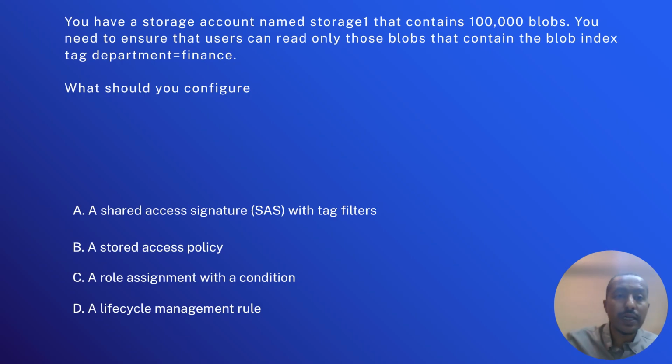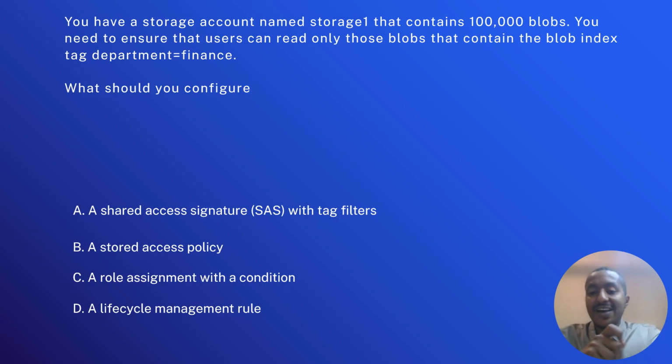But let's keep checking the remaining answer, which is lifecycle management rule. Lifecycle rules can use blob index tags to move or delete data across tiers or after a time, which is good because we can reference the tag.